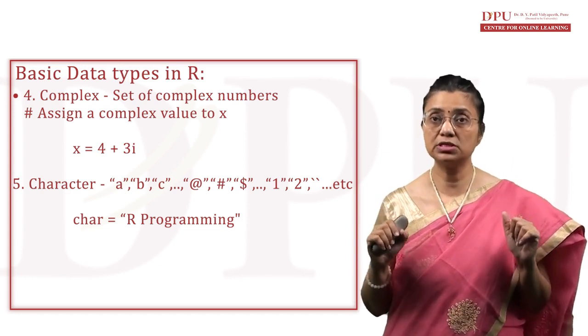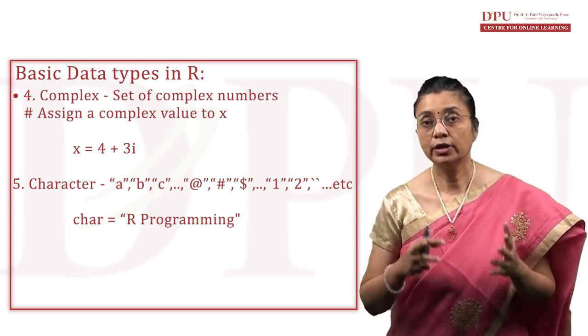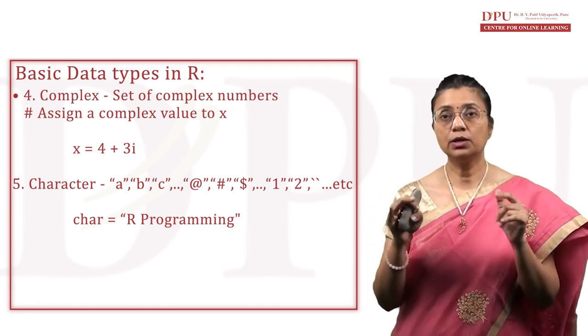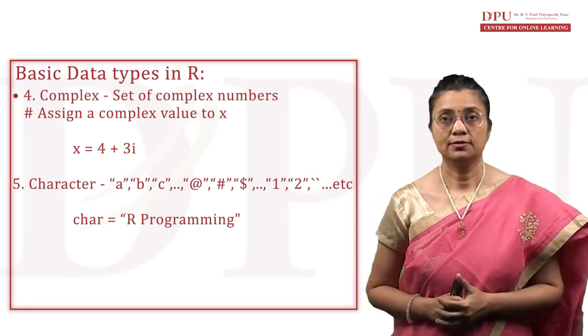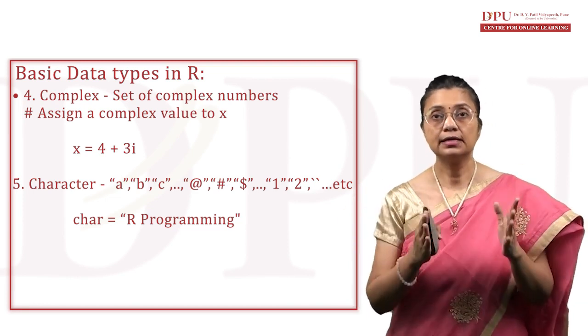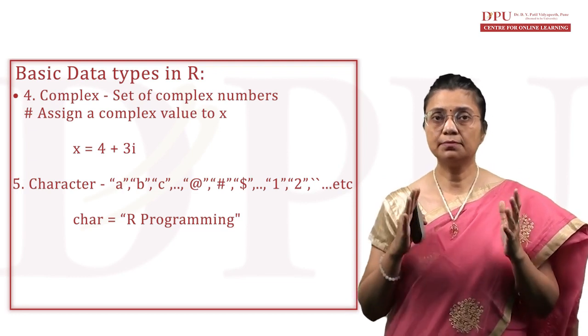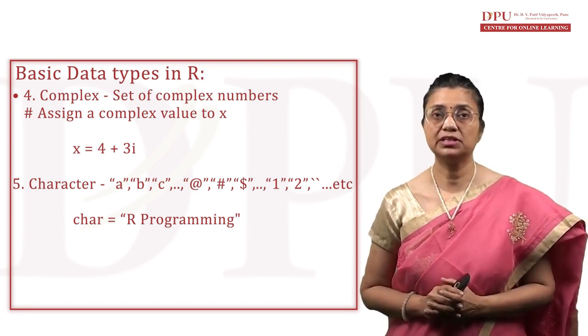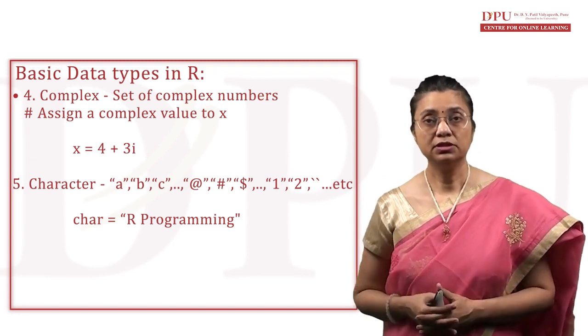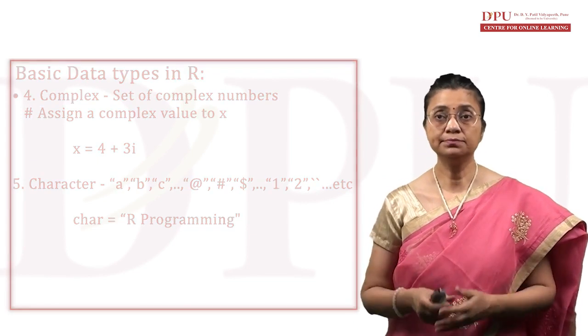Likewise, "2" is a character value. Here you can see char is a variable name and it has been equated to "R programming". So the data type of "R programming" here is character. So these are the basic data types, 5 types of data types, through which we can store different types of data into variables.